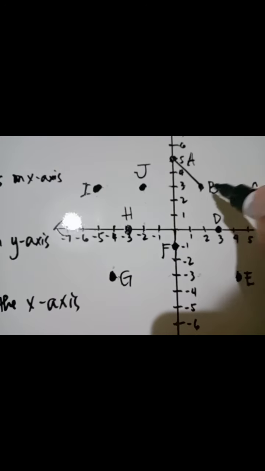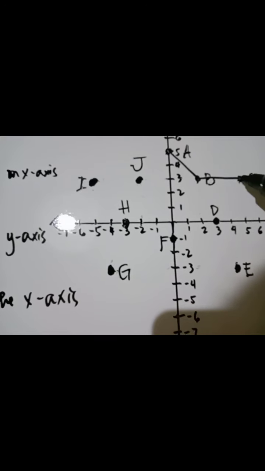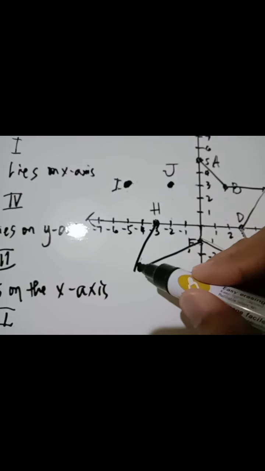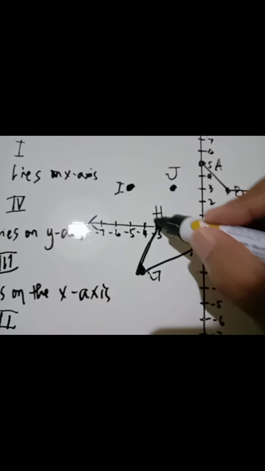Okay, A to B, B to C, C to D, D to E, E to F, and then F to G, G to H, and then H to I to J, and then enclose it. Okay, so we got, very good, a star.